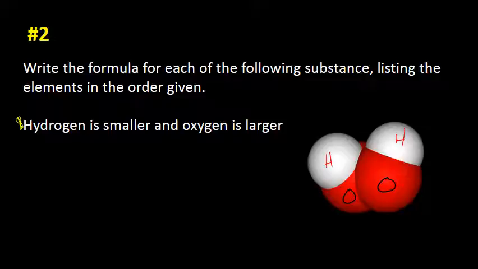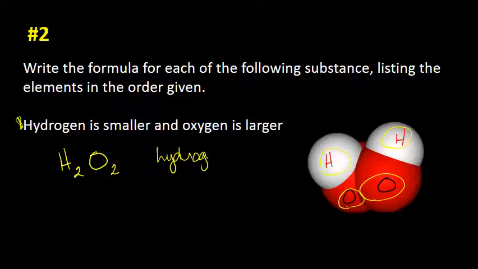First, hydrogen. And how many hydrogen atoms are there? Well, there's 1 there, there's 1 there, so there's 2. Then oxygen. How many do we have? 1 and 2. Does anybody remember the name of this guy? This is hydrogen peroxide. You know, that stuff you clean your ears out with after you get them pierced.